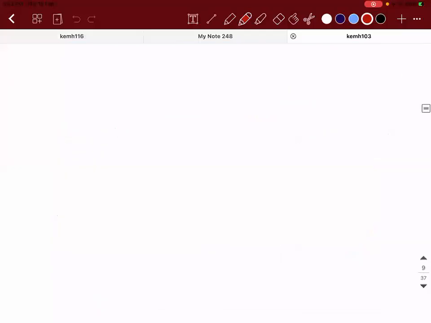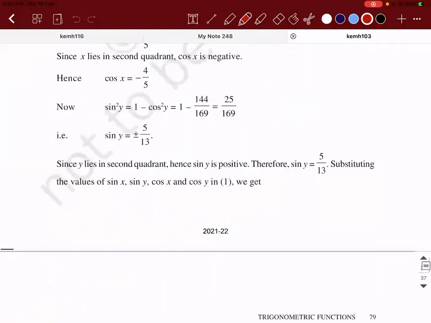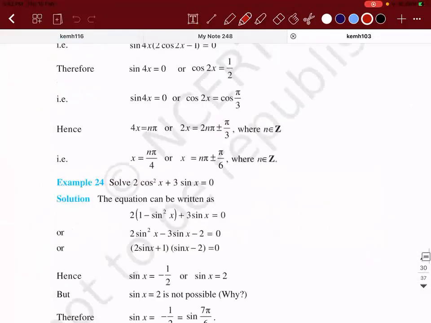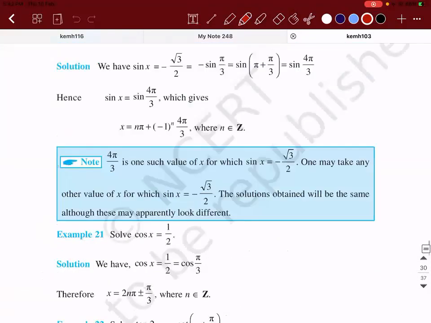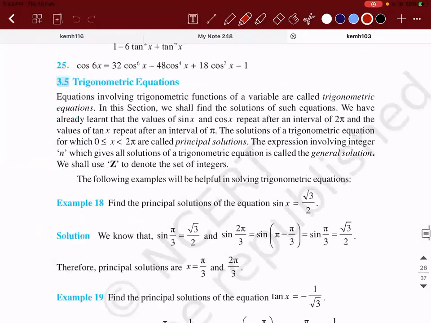So it is only the fourth exercise, correct? This is the exercise for which you need help. Am I right? Yes, sir. Good. Okay, we'll start with this.